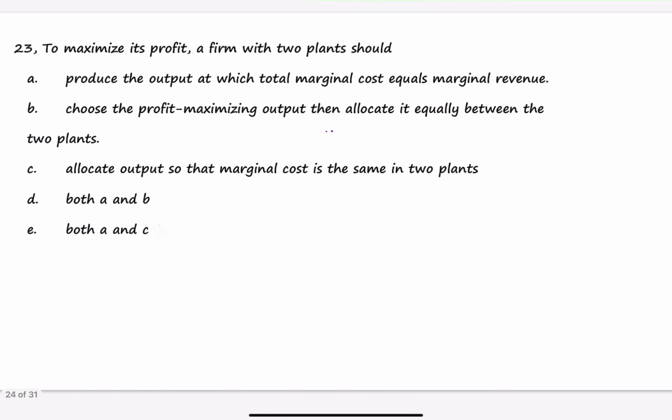To maximize its profit, a firm with 2 plants should produce the output at which total marginal cost equals total marginal revenue. This is true. Choose the profit maximizing output, then allocate it equally between the 2 plants. Equal doesn't necessarily minimize costs or maximize profit.